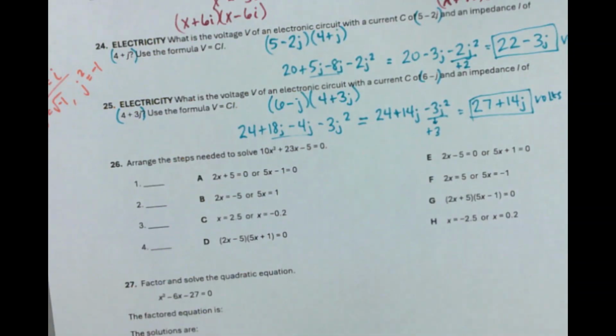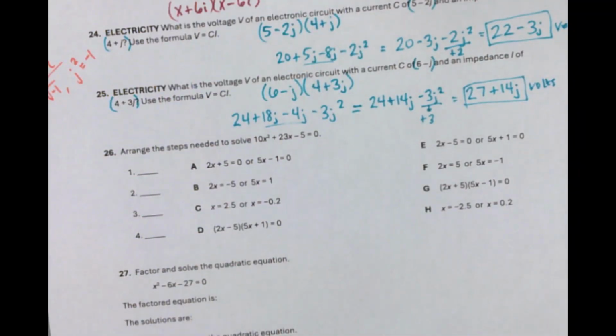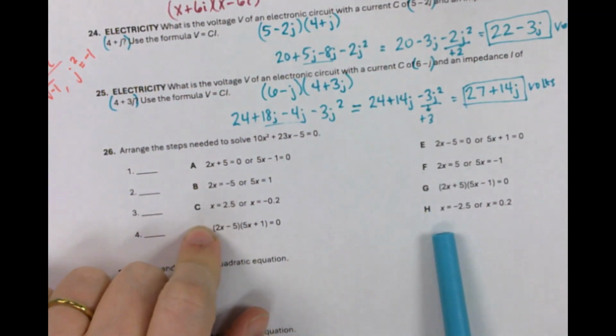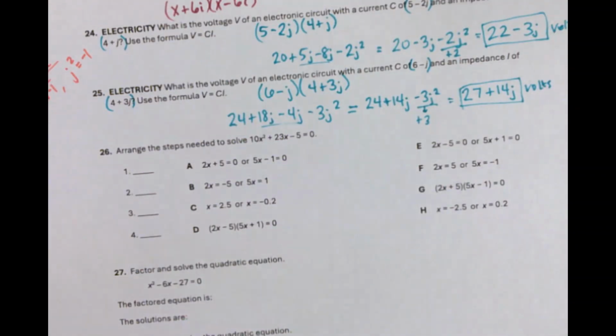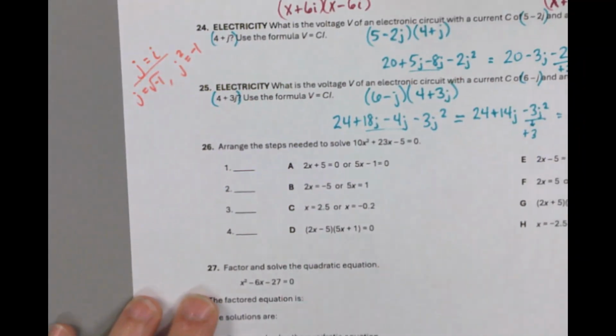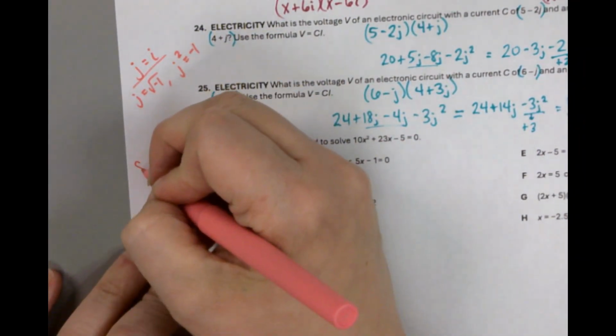Here we are arranging the steps needed to solve. I will tell you on the actual test there are not these multiple choice options. I will also tell you that here we are solving by factoring. Just a quick rundown of how to solve by factoring.